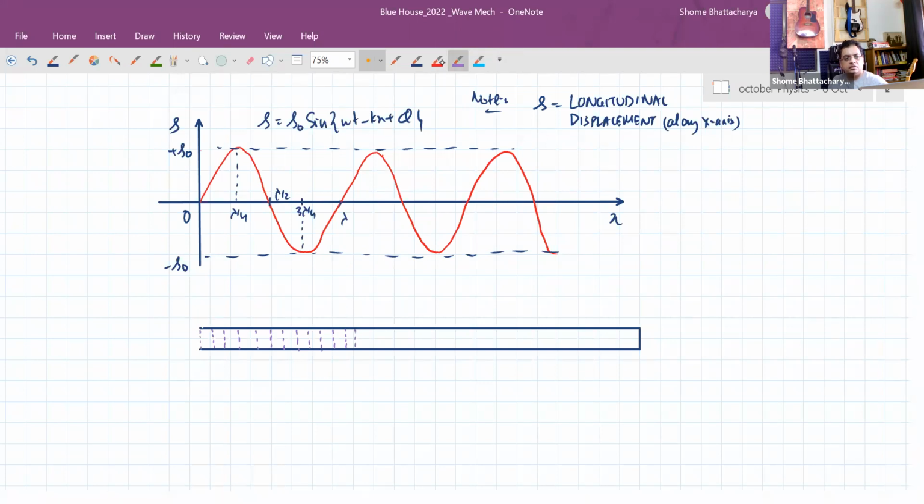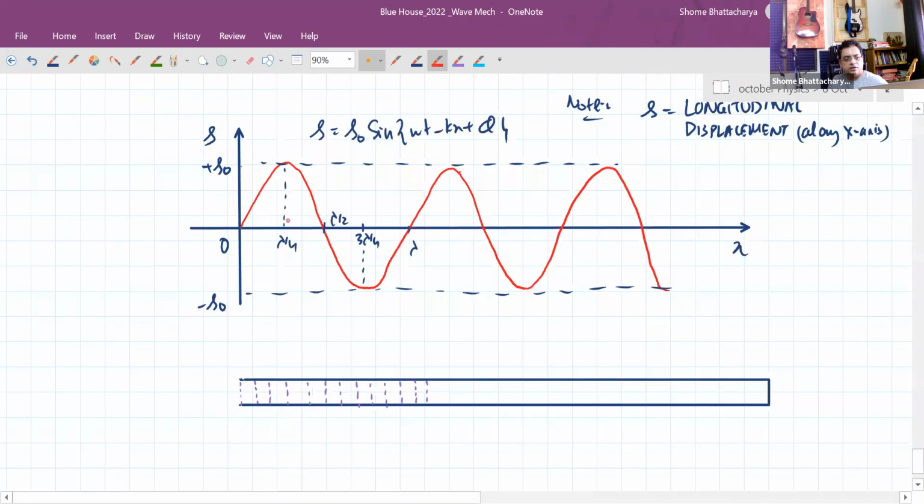diaphragms of air. Then what is happening is that right now these particles around lambda by 4 are having maximum displacement along the positive direction. Whereas the ones at 0 and lambda by 2 are having minimum displacement. Then the ones around 3 lambda by 4 are having maximum negative displacement.